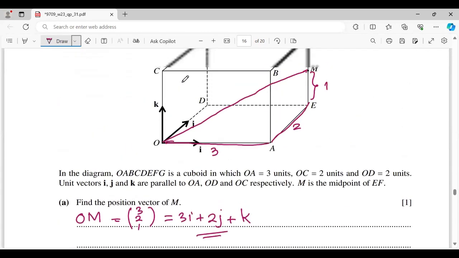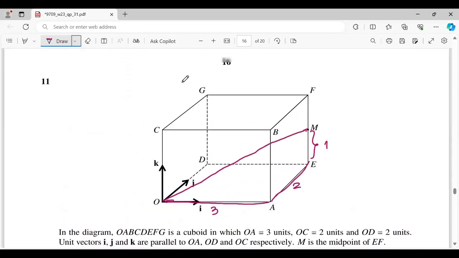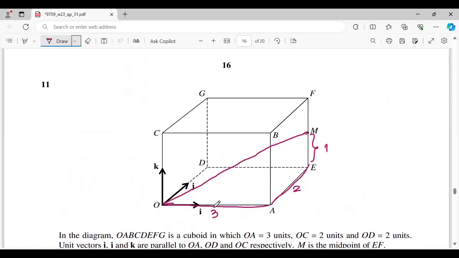Angle PAM is around here, with P here, and the angle is between AP and AM.